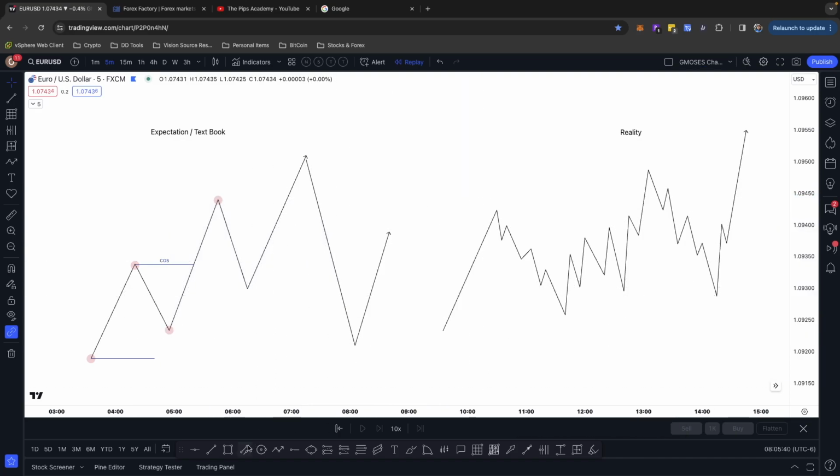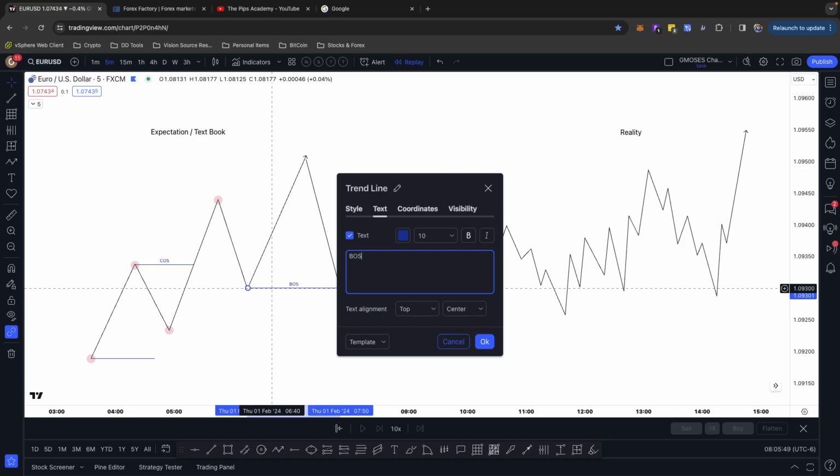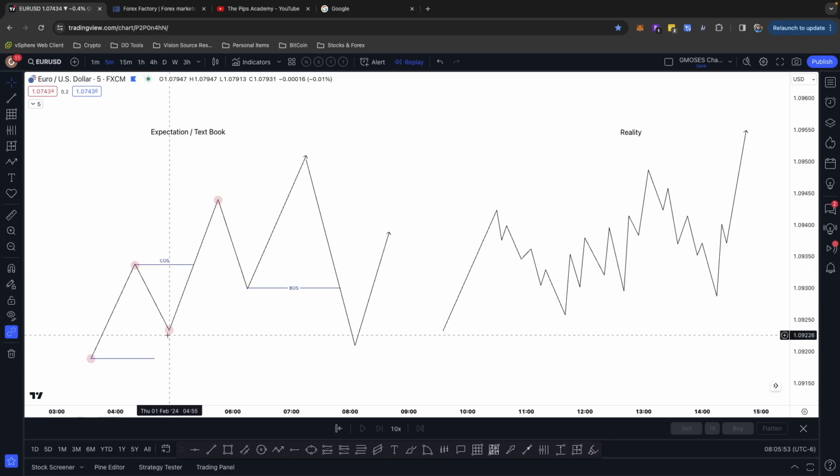So now we've changed our characteristics and we've changed the direction of the trend. And so when it breaks this area here, this is considered as a BOS, which is a break of structure. Okay, so continuing in our current trend is a continuation in structure. If we break the trend, it's considered as a break of structure.